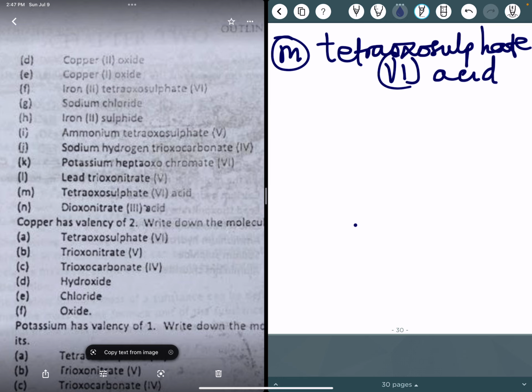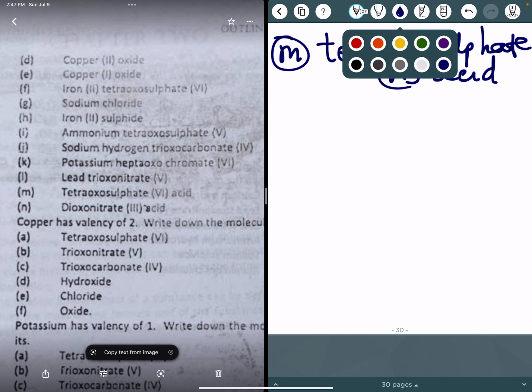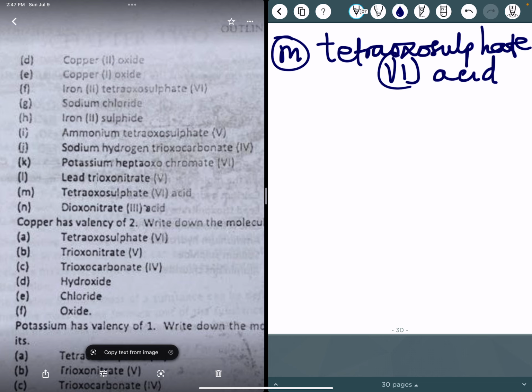I'm breaking it because after splitting my screen, the space is not going to let me write in one line. Anytime you hear acid, it means it contains hydrogen ion as the only positive ion. An acid is a compound which contains hydrogen ion as the only positive ion when it dissociates in solution. We'll get to that later.